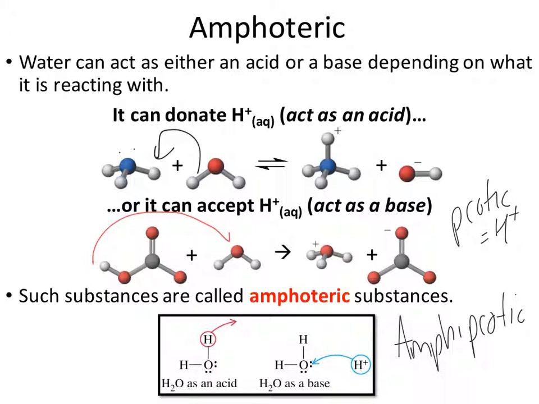So the more correct term is amphoteric, and that's what we're going to use in our course, because it's all-encompassing. It doesn't matter if you exchange electrons or if you exchange protons. Amphoteric just means you're acting as an acid and a base. Amphiprotic is more specific. It only refers to those things that are exchanging protons, either accepting or donating.